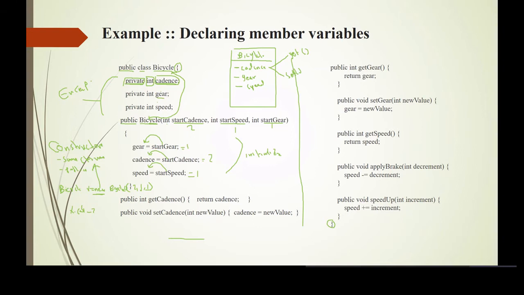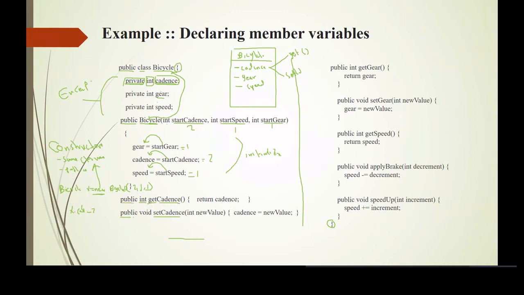You can see that here, for example, we have get cadence. This get cadence is for the variable cadence. And we also have set cadence. Now the get cadence should have a return type the same as the type of the cadence, and it should be public.